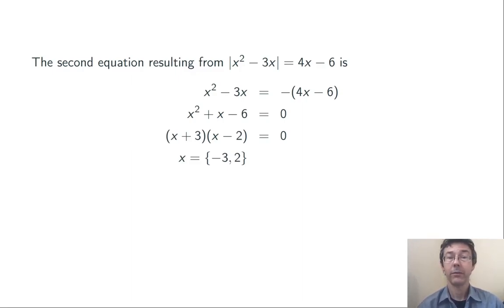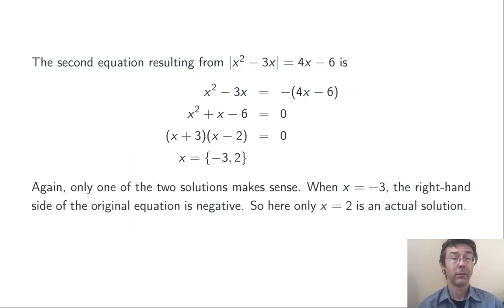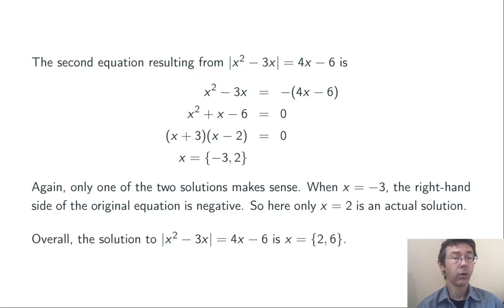Once again, we have to check that each one of these makes sense. And again, in this case, one of them does not. When x is -3, the right-hand side of our original equation is negative. So only x equals 2 is a legitimate solution here. Okay, so each one of our two equations gave us an answer. Overall, to our original problem, we have the solution x can be either 2 or 6.